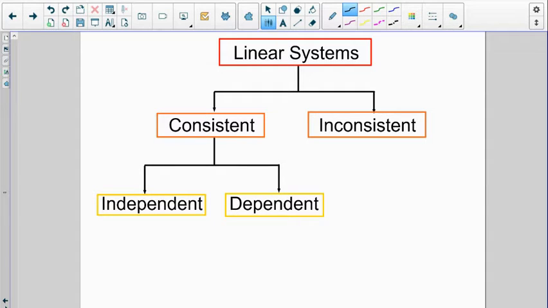So an independent system has exactly one solution. A dependent system would have infinitely many solutions. And if it's inconsistent, we know there are no solutions, or none.